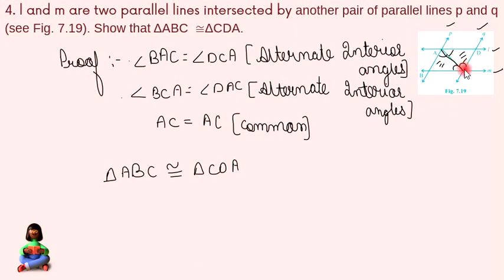Here the side is included between two angles. So we can say that triangle ABC is congruent to triangle CDA by the angle side angle rule. So we proved that triangle ABC is congruent to triangle CDA by the ASA rule.